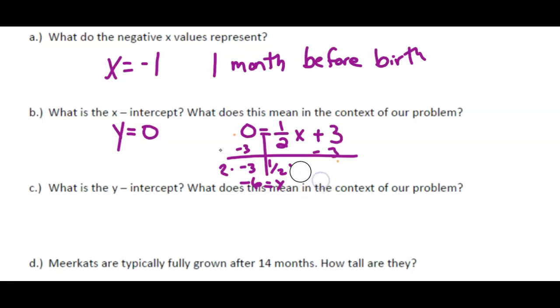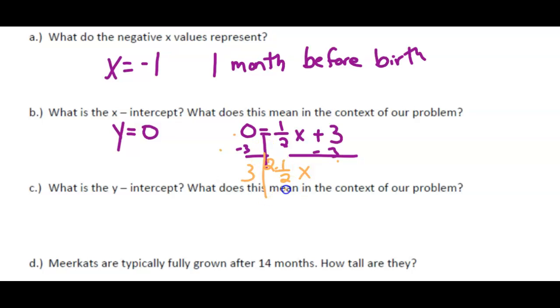Let's talk through that a little bit. I'm going to erase this so that we can do that. So 1/2 x is what I'm left with, and this is -3. Okay, how do I get rid of this fraction here? I would have to multiply this by 2.